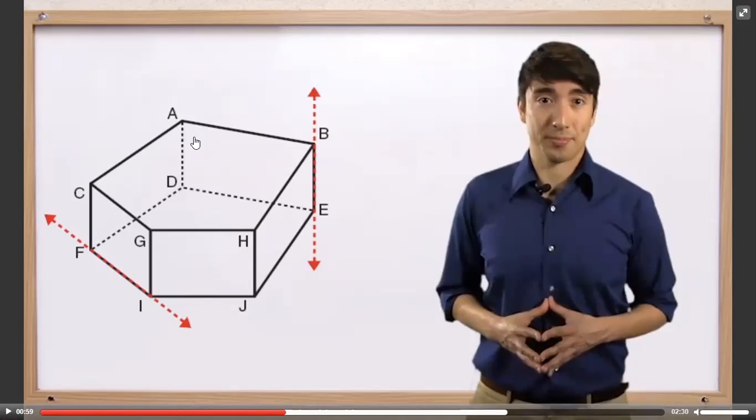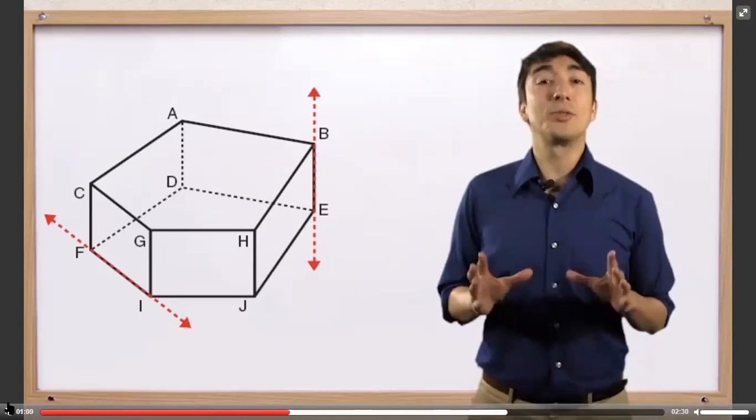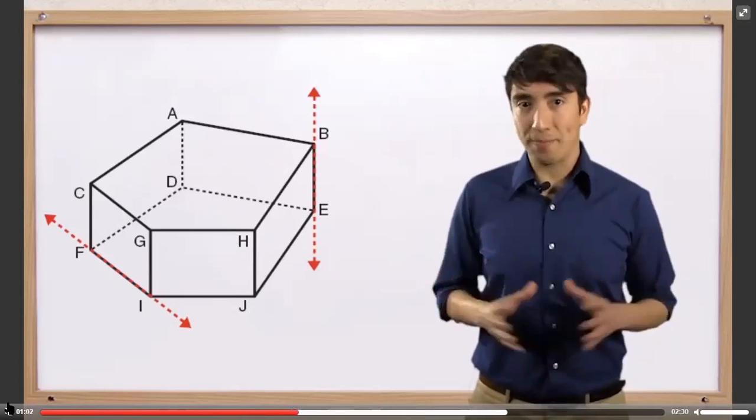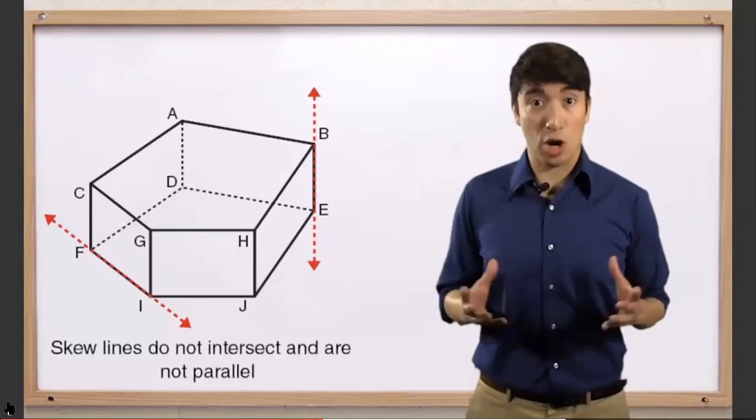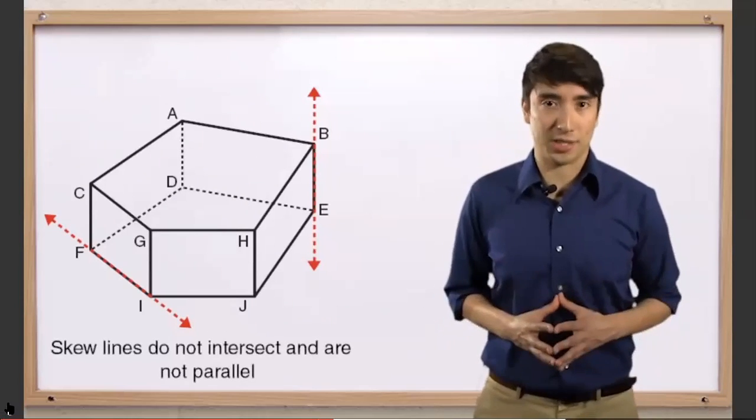If it were a solid, you would not be able to see this corner here or that edge or that edge. That's why they show them as dashed lines. So getting used to seeing these things in 2 dimensions when they're actually trying to represent a 3-dimensional shape can be a little challenging. Lines BE and FI are called skew lines, as they are not parallel and will not intersect.